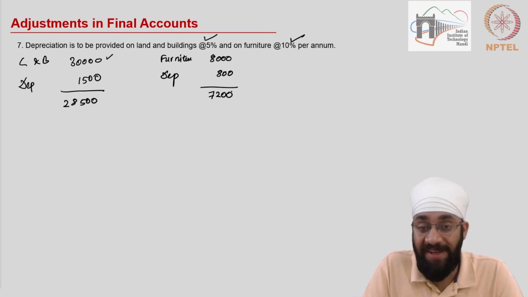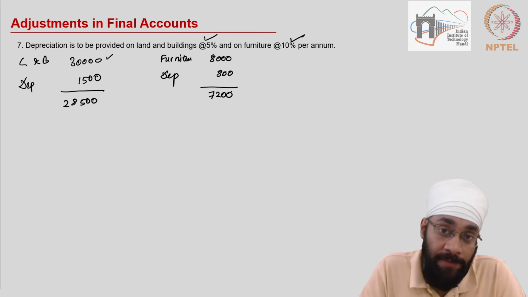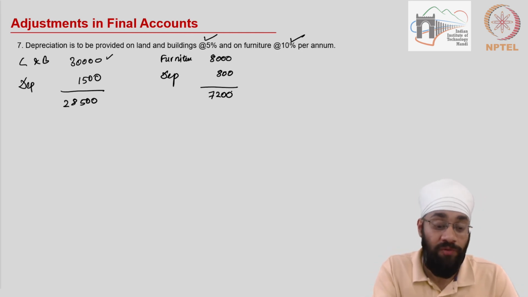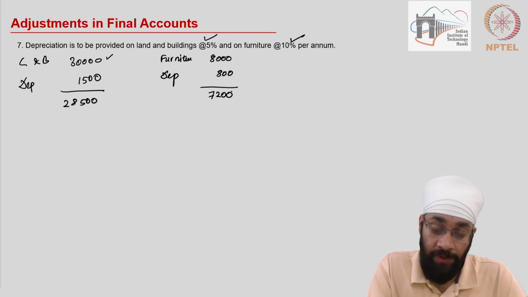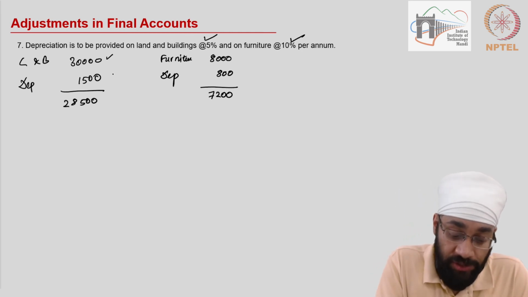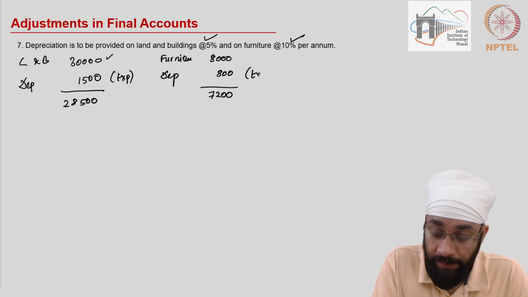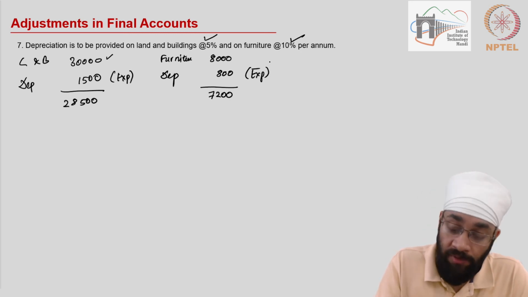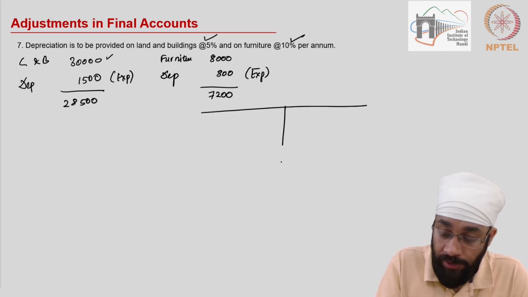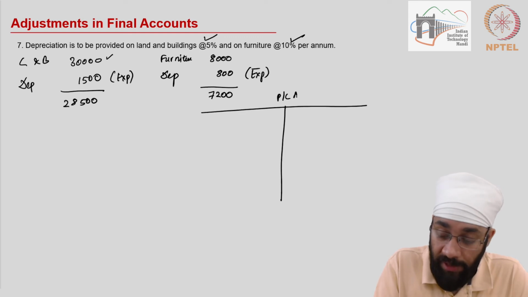So if we do not adjust for the amount of depreciation, we will be overstating the value of land and building and furniture. Now, the depreciation is a recognized expense, and expenses are shown on the debit side of the profit and loss account. So, in the profit and loss account, there are two sections.